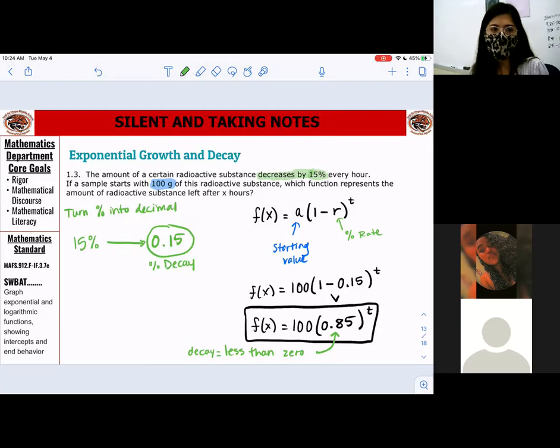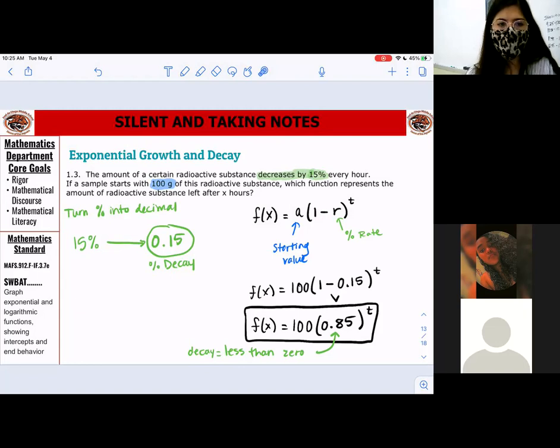Growing. That way. So we're going to do a few of these, but do I have any questions so far? The first thing we do, turn it into a decimal. Then you got to plug it in. Now, when it's decaying, we subtract, but if it was growing, what would we do? We would add. Okay, so you have to remember that if it's decaying, you subtract. If it's growing, you add.